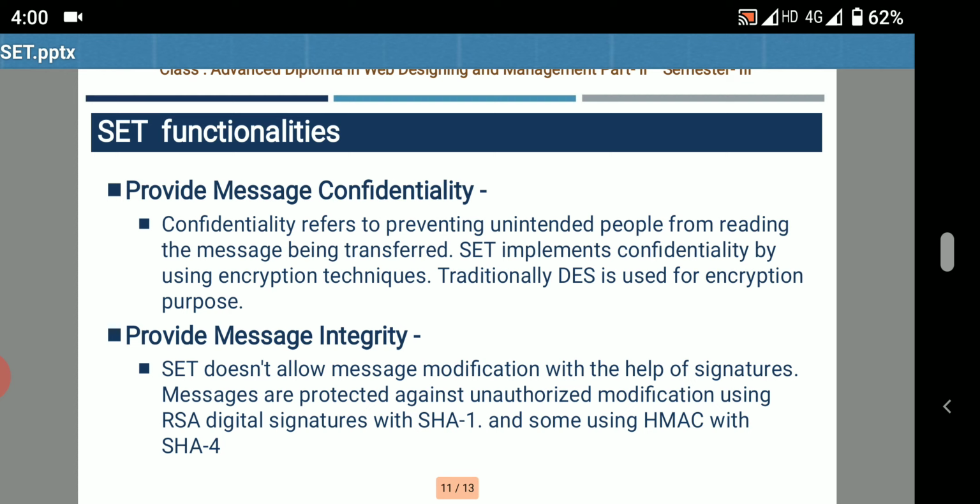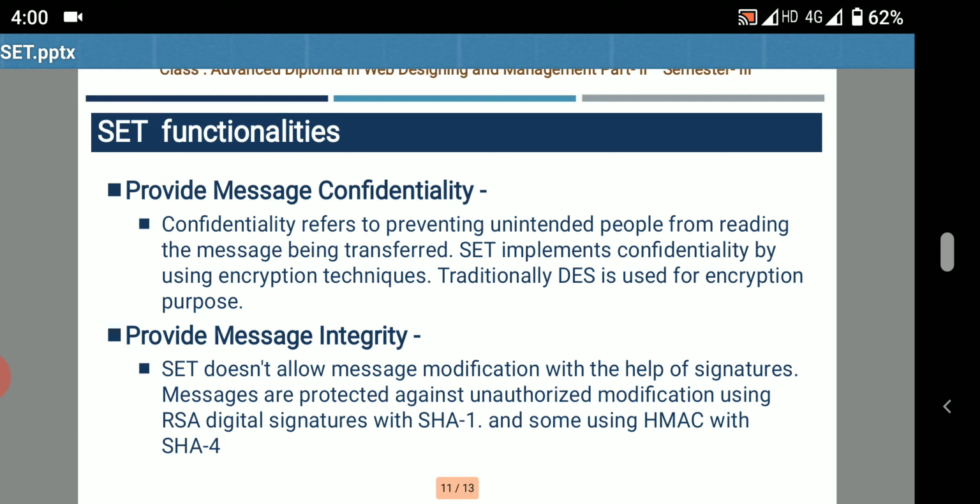SET implements confidentiality by using encryption techniques. Like I have told you, encryption keys are used here and the keys are compared with all the participants and then only the transaction can happen. Traditionally, DES is used for encryption purposes.